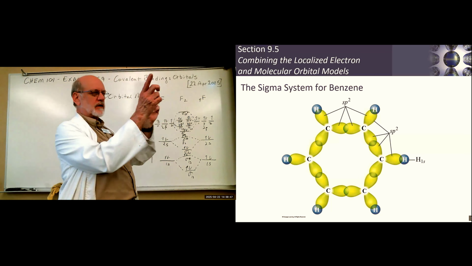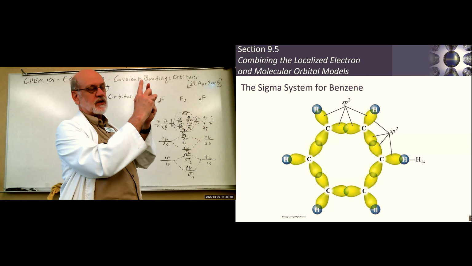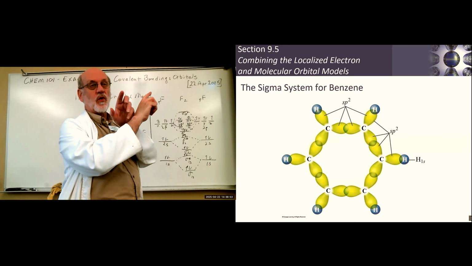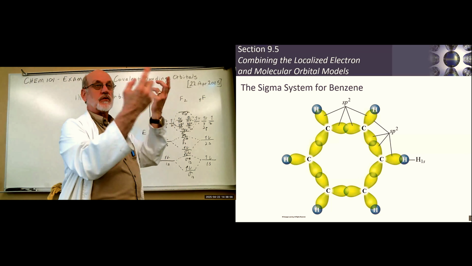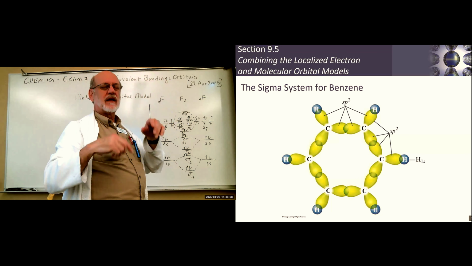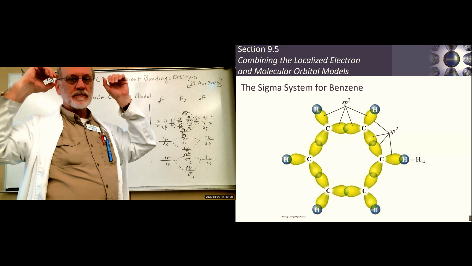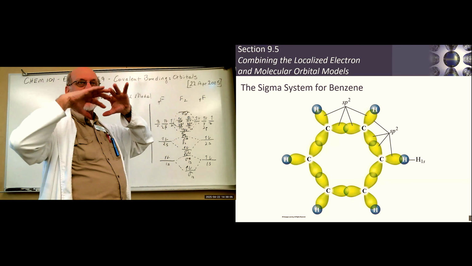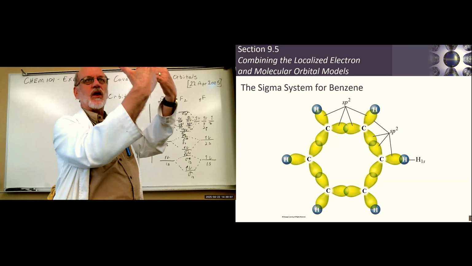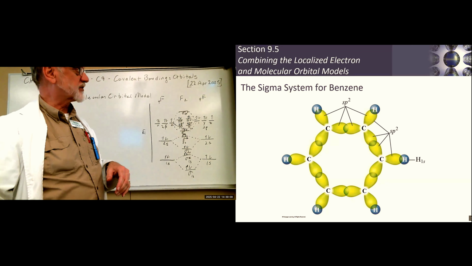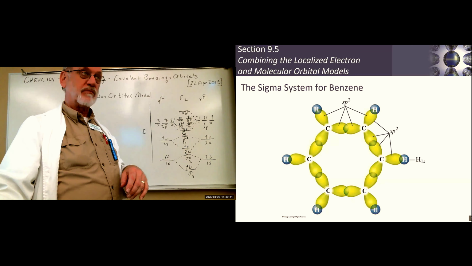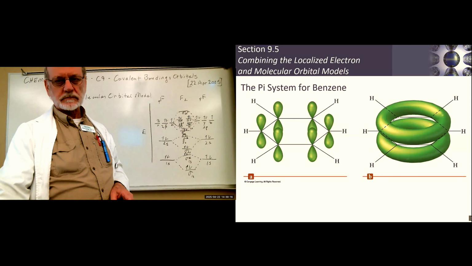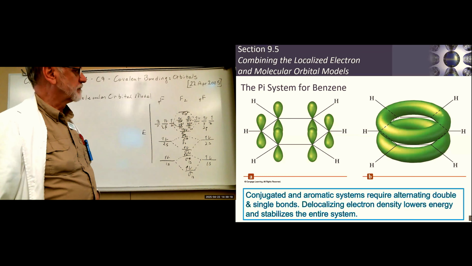If instead of saying the p orbital overlaps between two atoms, we just delocalize all that p orbital nature to the whole ring, then we can put those 6 electrons that would normally go into 3 double bonds into that delocalized ring structure, and that would stabilize the molecule. And in fact, benzene is a very stable molecule. And this is what it would look like.